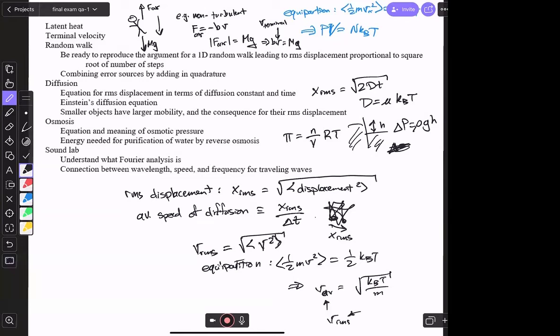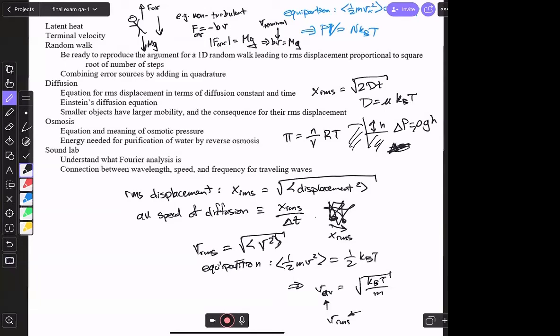I do hold you responsible for the 2 labs that we've done since exam 2. The first one was on momentum, and I think covered more or less the same ideas that we covered in class. Second one was on sound, and that really was different. Mostly a qualitative lab. So from that, I really do want you to qualitatively understand what Fourier analysis is.